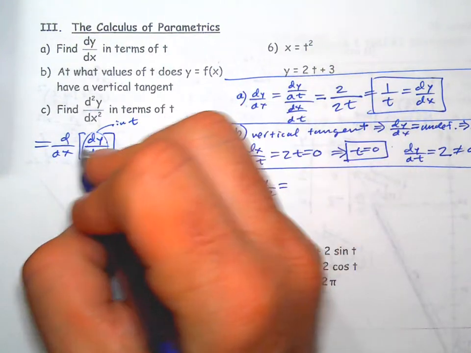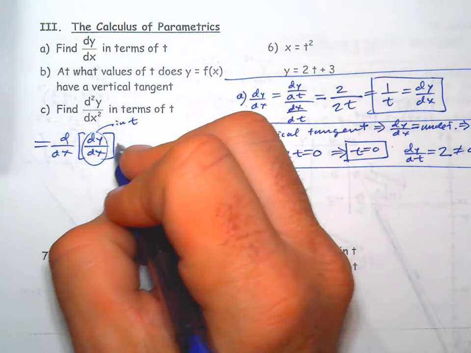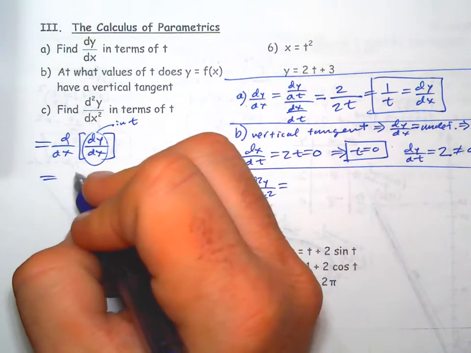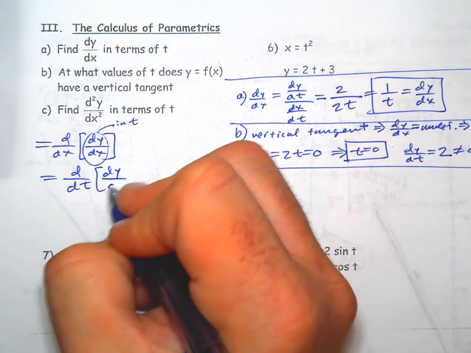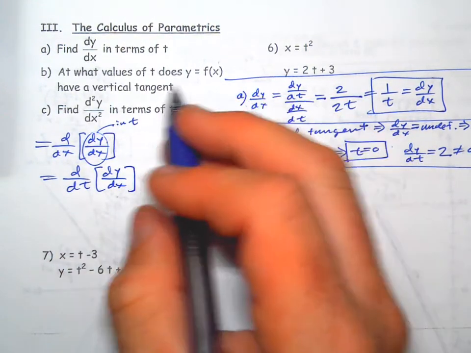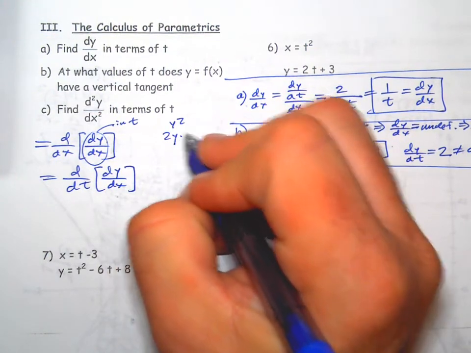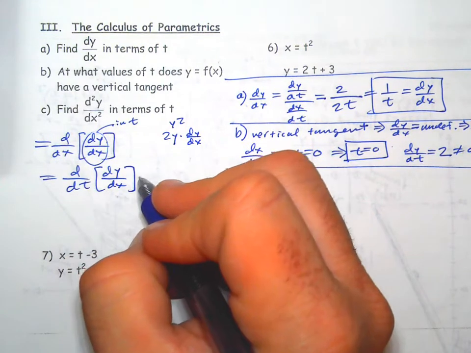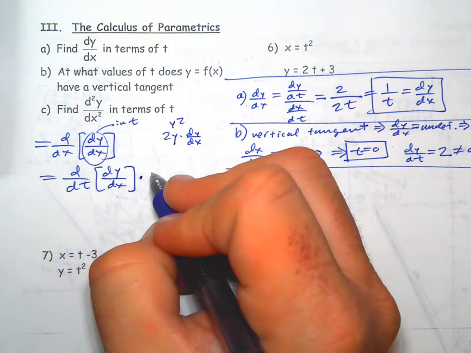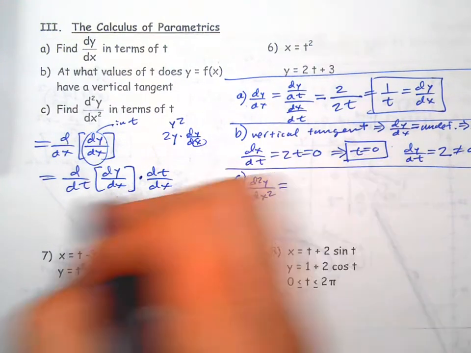So we can't take the derivative of something in terms of t with respect to x right away. We could take the derivative with respect to t, like implicit, like if it had y squared, we want to take the derivative of y squared, we'd say, well, 2y, but then we'd follow it up with a dy dx. Same idea here. We take the derivative with respect to t, and then we got to follow it up with the derivative of t with respect to x, the thing we want eventually.